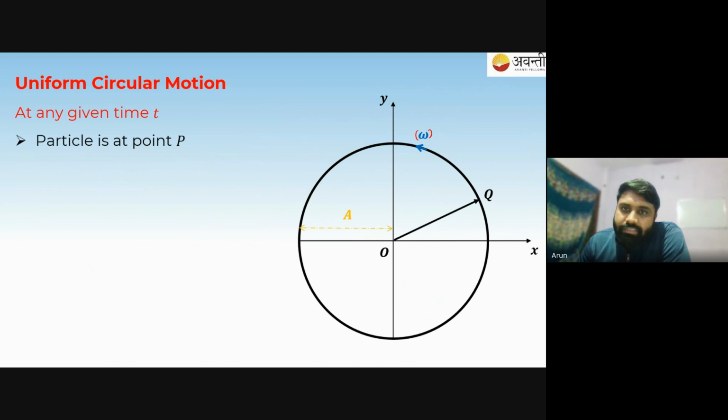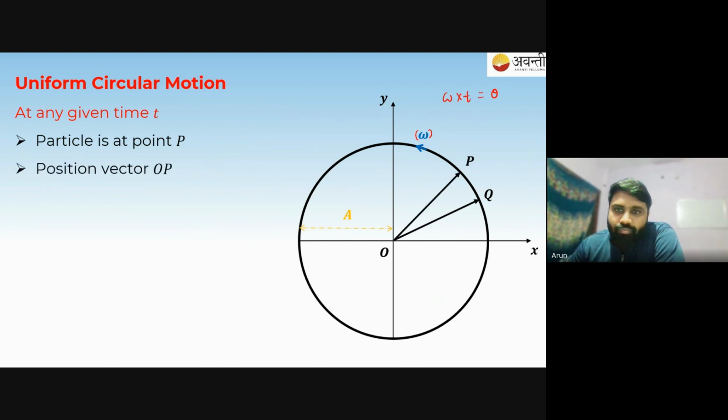So we have constant angular velocity. How much angle should it cover in time t? It will be omega into t. Theta will be omega t. Initially it was at phi. Now it has reached point P, and the angle covered from OQ to OP is omega t. The total angle is omega t plus phi.